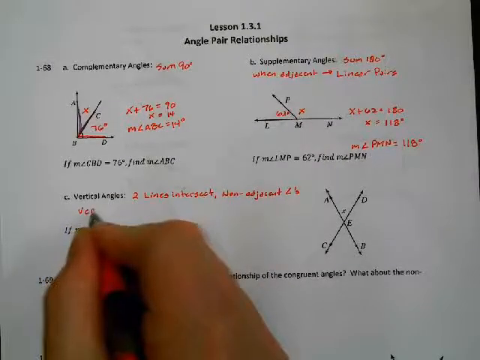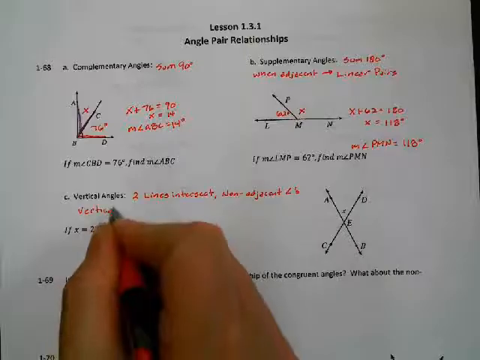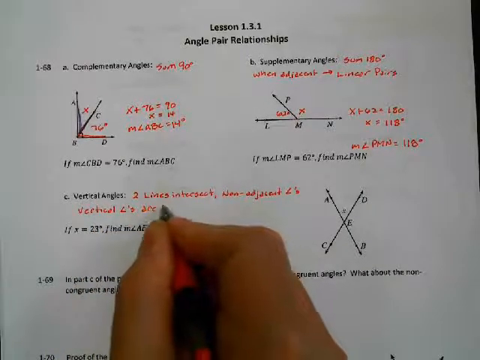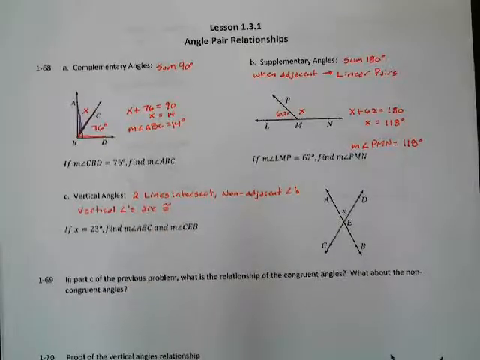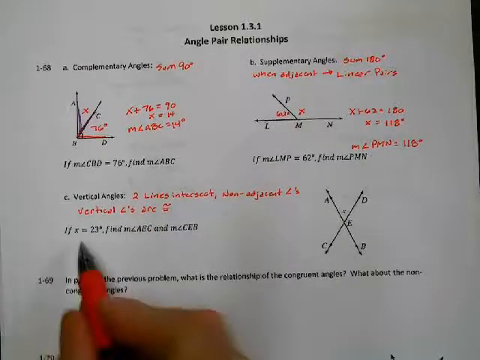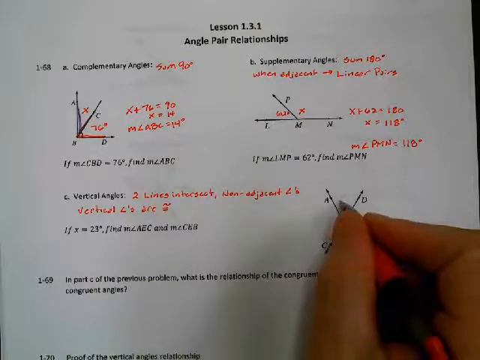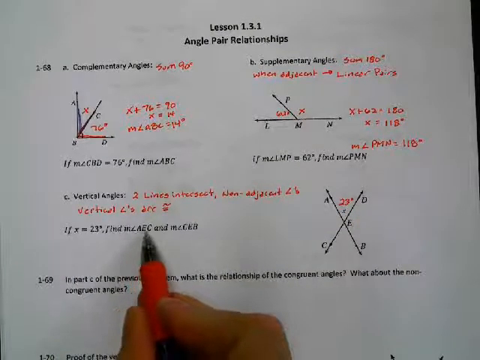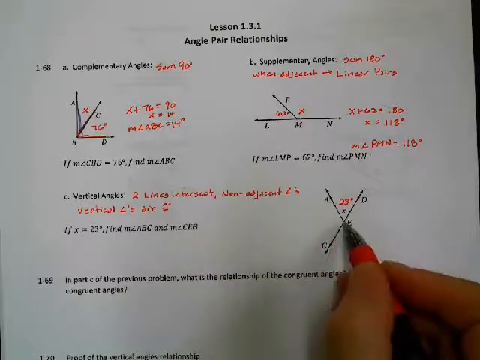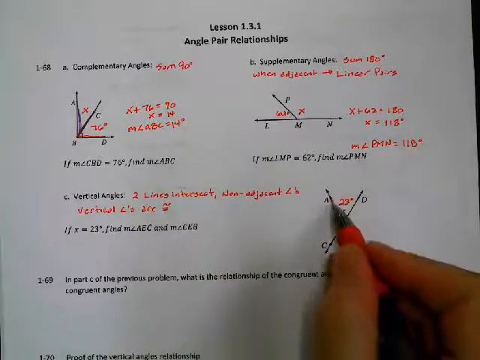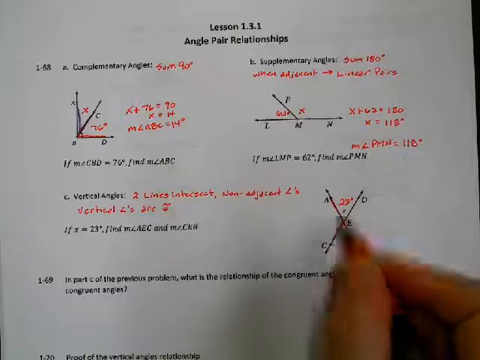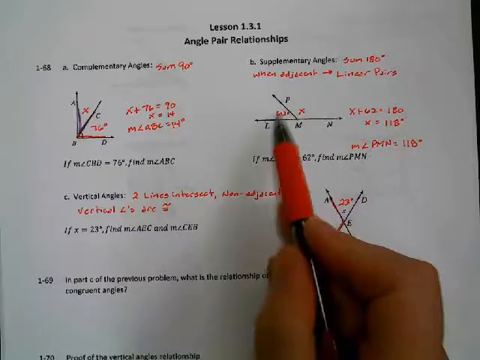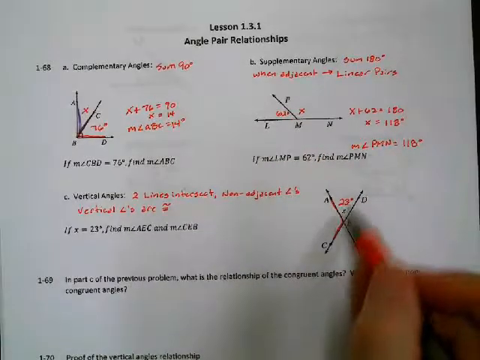Vertical angles are congruent. This is a phrase we're going to use a lot throughout the year. Vertical angles are congruent, meaning they have the same measurement. So here we've got x is 23, so I know this one is 23 degrees. It says find the measurement of angle AEC. AEC is this angle over here, and that is not a vertical angle. It's a linear pair, so they're supplementary to each other.